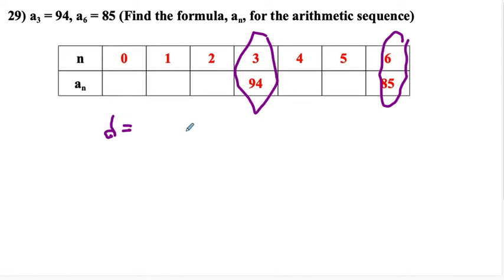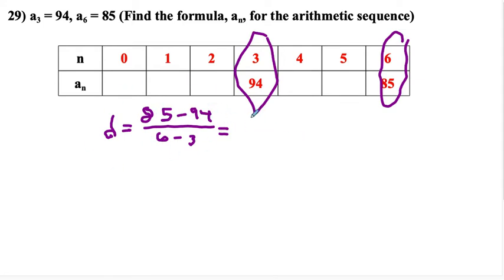Well, y, or a sub n, so I'm going to go ahead and do 85 minus 94, change in the dependent, or the y, divided by the corresponding change, so it's important I have the 6 minus 3 here. And what this is going to tell us is how much this is going up by. Now remember, it tells us it's an arithmetic sequence, which is why we can get away with doing this.